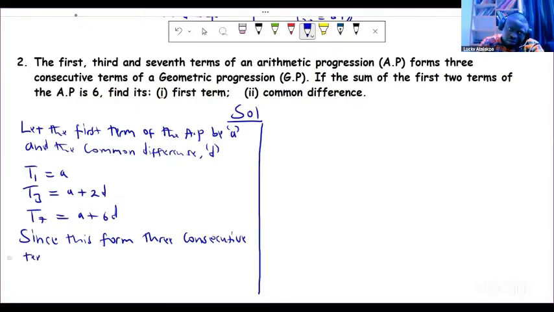Consecutive terms of a GP, we use the property.